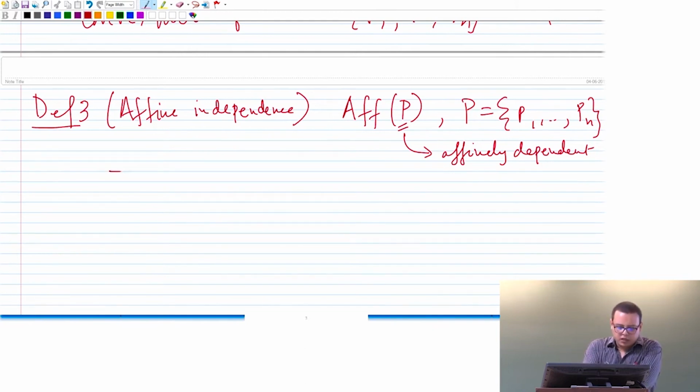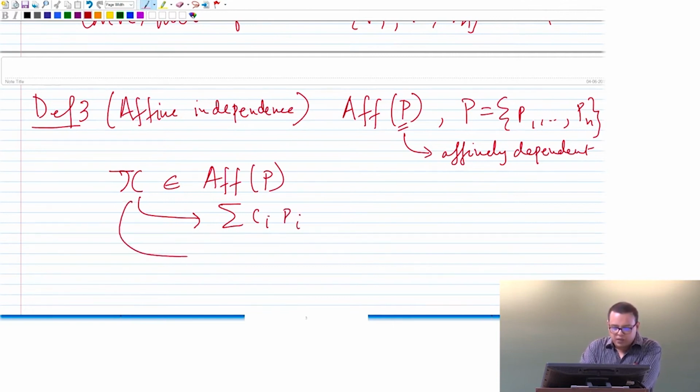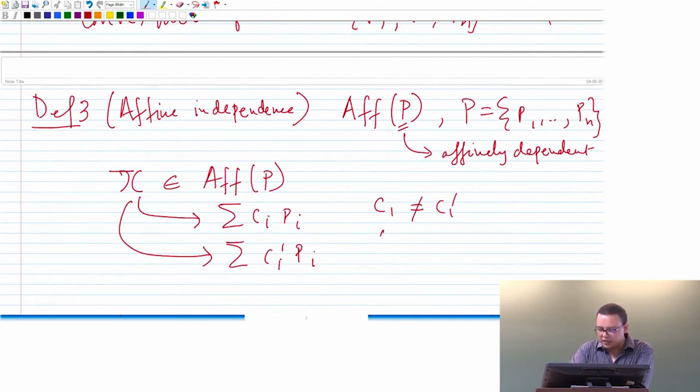There exists a point x in this set AFF of P such that I can write x as summation Ci Pi, and there will be a separate set of constants Ci prime, and I can write x as summation Ci prime Pi also. The sets C1 to Cn and C1 prime to Cn prime should not be the same. I mean, they should not be the same in the following sense: there should exist at least one index i such that Ci is not equal to Ci prime.